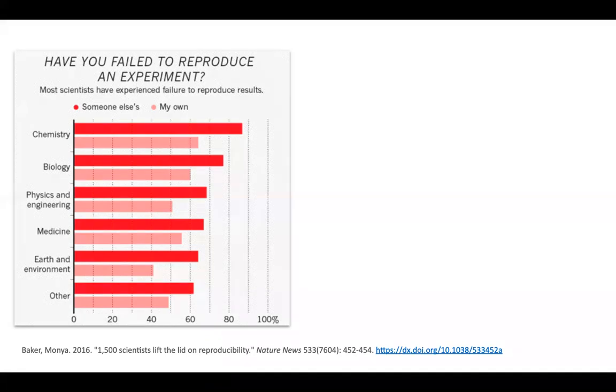And when asked about the factors that are sources of issues of reproducibility, they included methodology, statistical and reporting practices, structural and organizational practices, and also, rarely, intentional scientific misconduct.